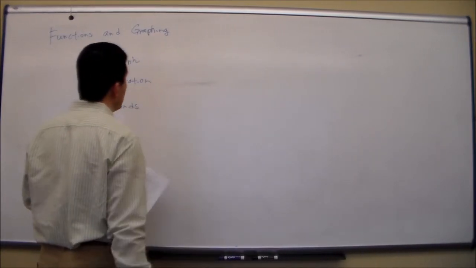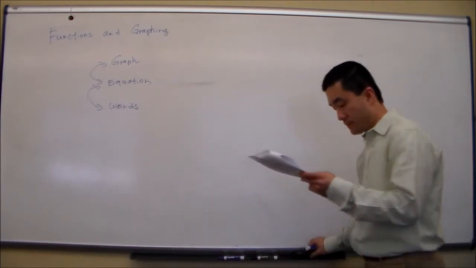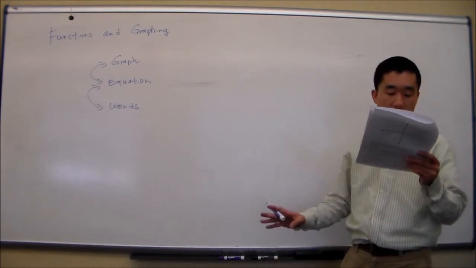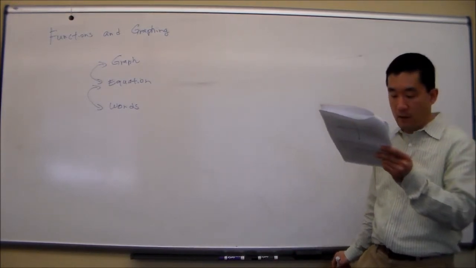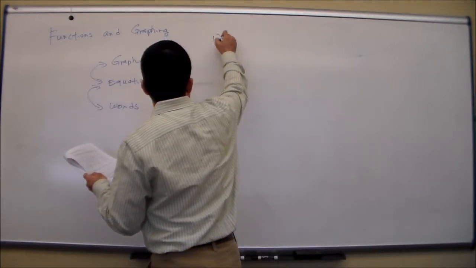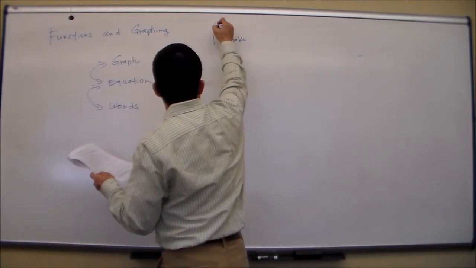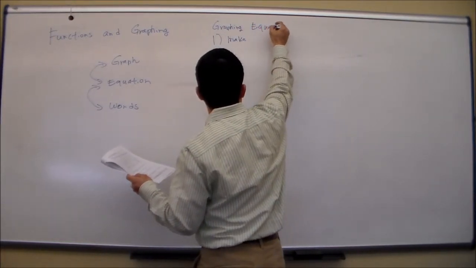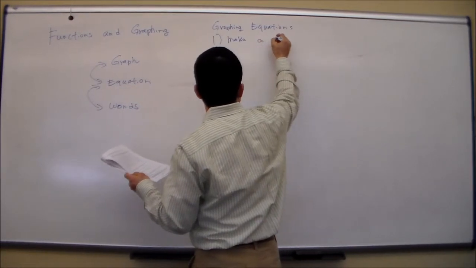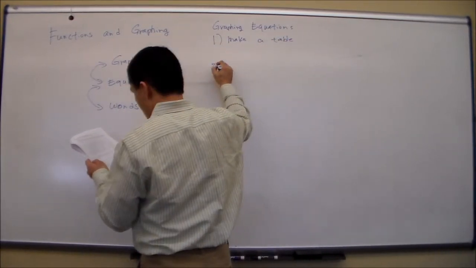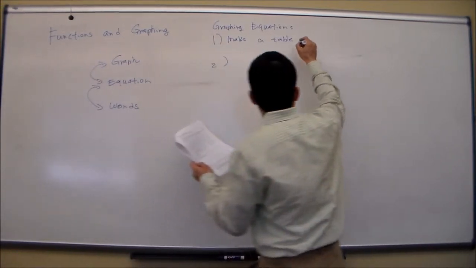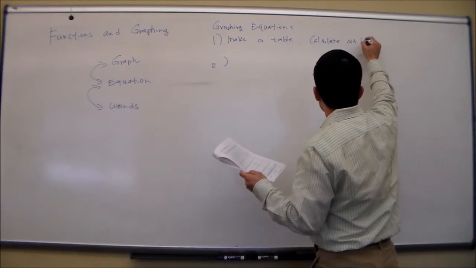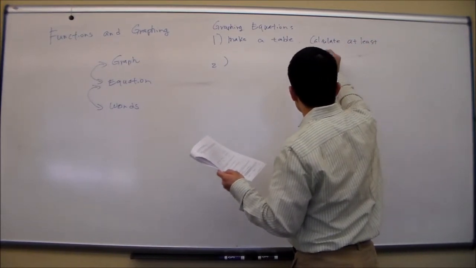So how do you graph equations? Well, there are a couple different ways to graph equations, but we'll start with the simple one, using a table. Make a table. So graphing equations. Make a table. Calculate at least 2 values.